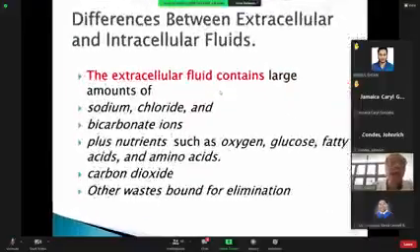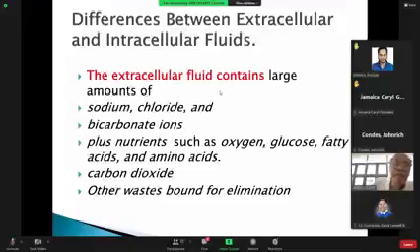Let's now try to define the difference between the ECF and the ICF. ECF means extracellular fluid, while ICF refers to intracellular fluid. The extracellular fluid of our body, referred to as the internal milieu, has a large amount of sodium, chloride, and bicarbonate ions. Calcium is also abundant in the ECF compared to the ICF.